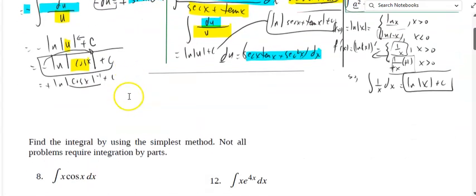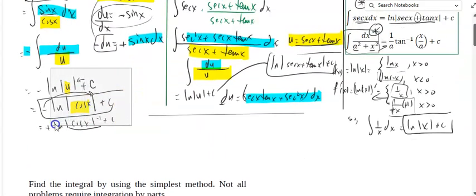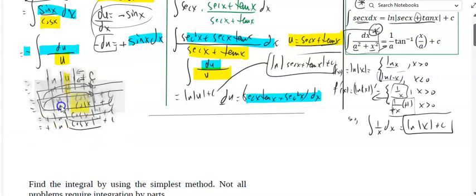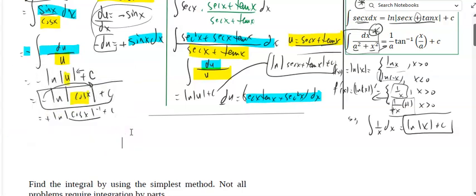Now, in this section, we're going to learn a new technique of integration by parts. And this is undoing the product rule. Let me remind you how the product rule works. If I decided to take the derivative of u times v, that is the derivative of the first times the second plus the first times derivative of the second.